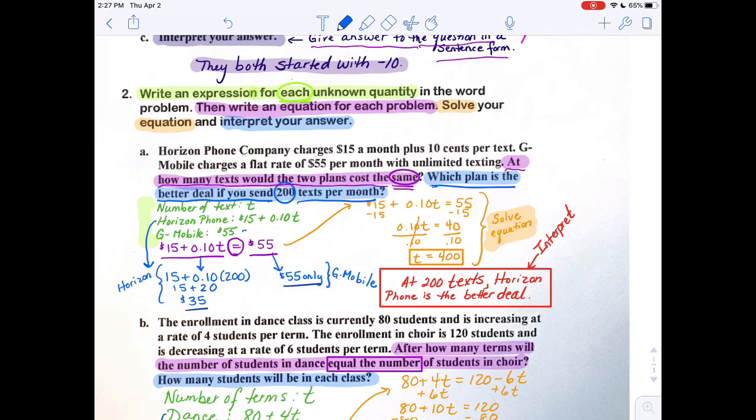And what is the price of G-Mobile going to be? And from there, I can definitely see Horizon is definitely going to be less than G-Mobile. And that's going to give my interpretation that at that rate, definitely Horizon would be the best deal for that phone company.